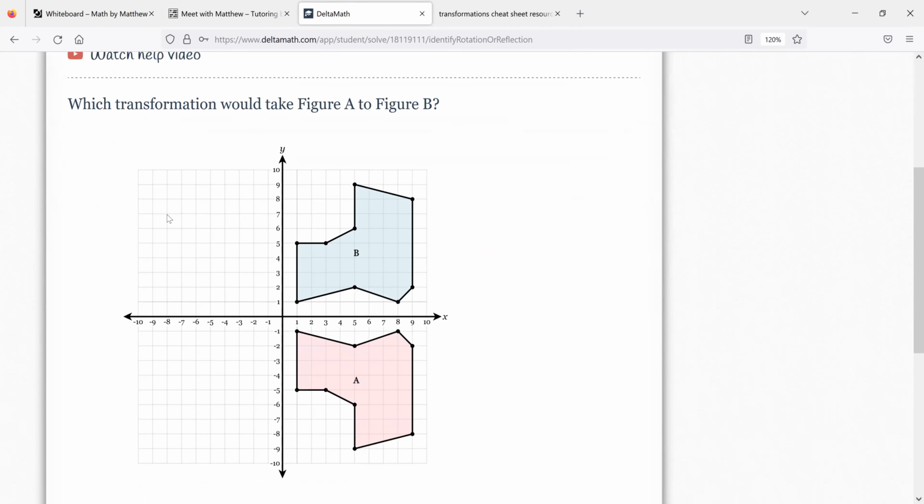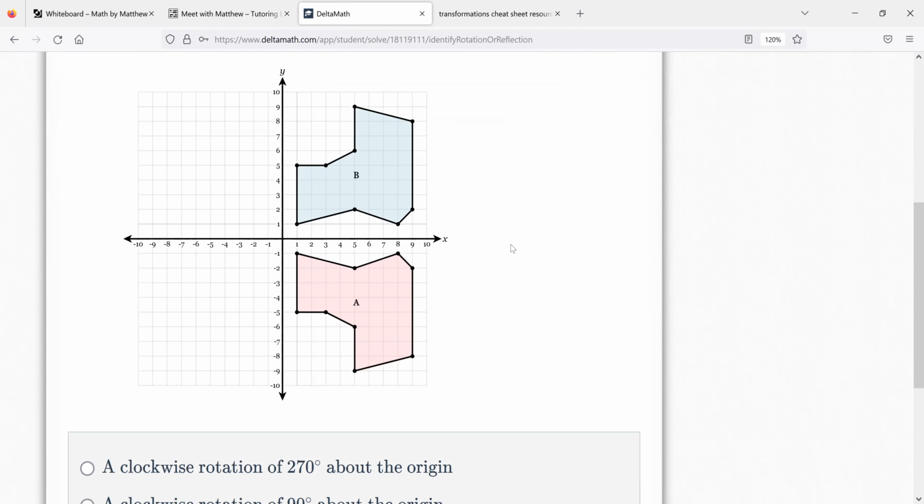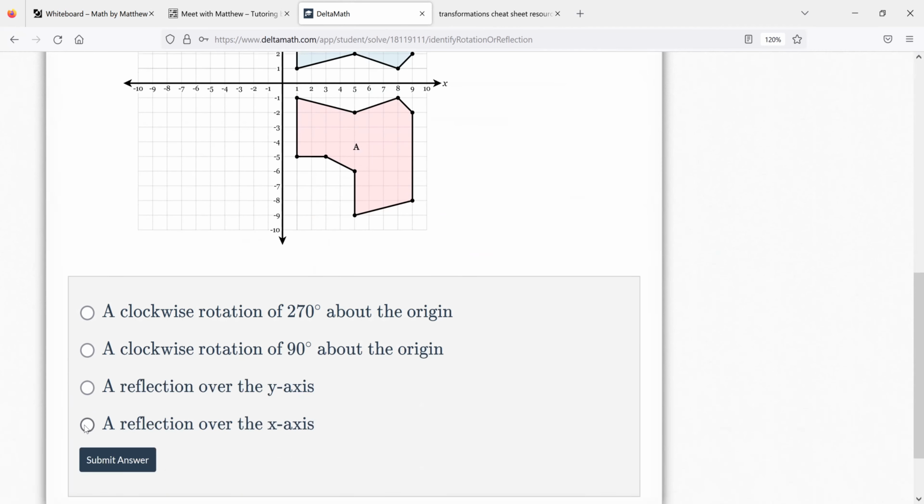Okay, from A to B again this time, we have to make sure we know the order, A to B. Is this a reflection? Always start with a reflection, that's the easier one. Reflection over the x-axis. Yes.